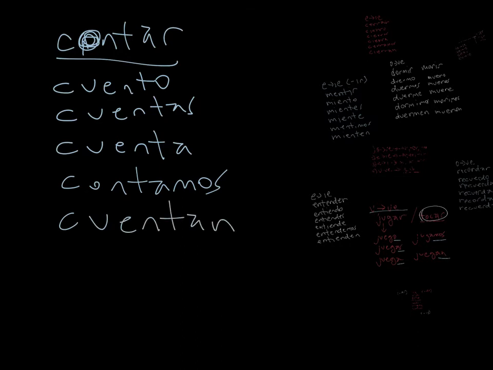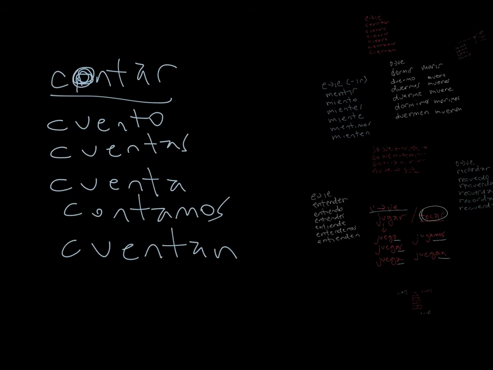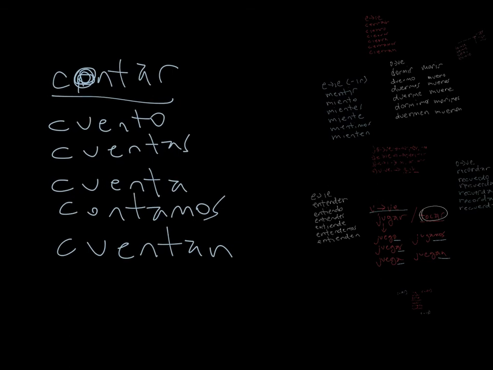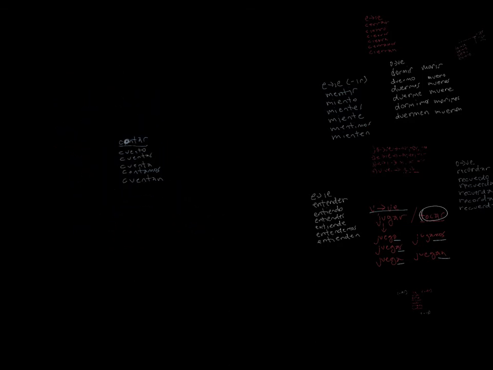Okay, so contar right there. Contar is a stem-changing verb. That's why we're doing these changes. What's another verb that has a stem change? AR ending, O to UE. The verb to dream. To dream, you dream about people. In English and Spanish, you dream with people.